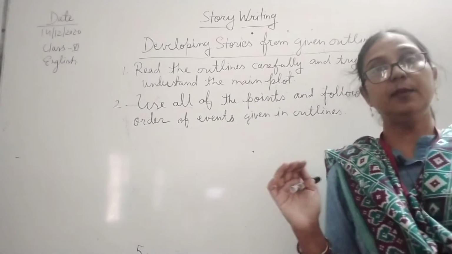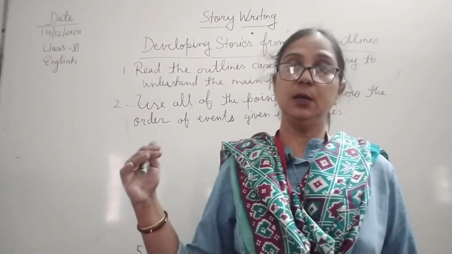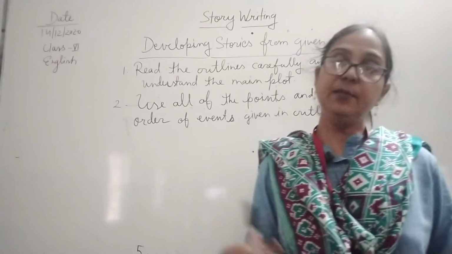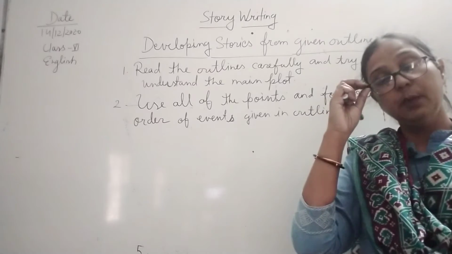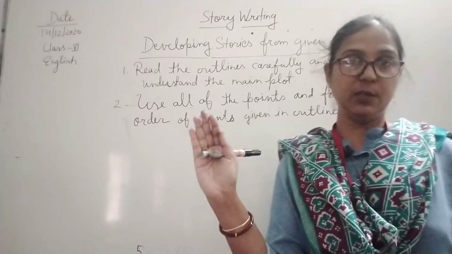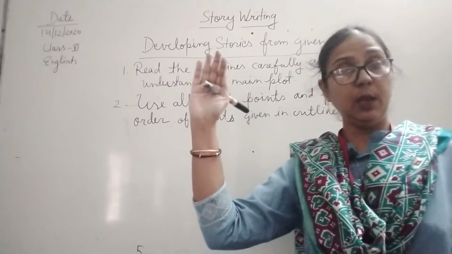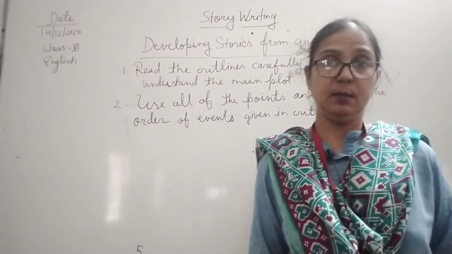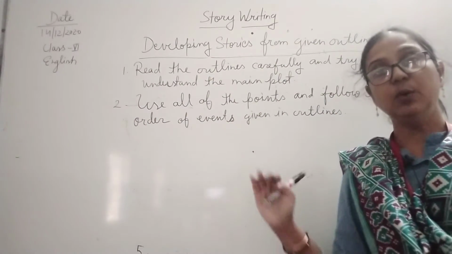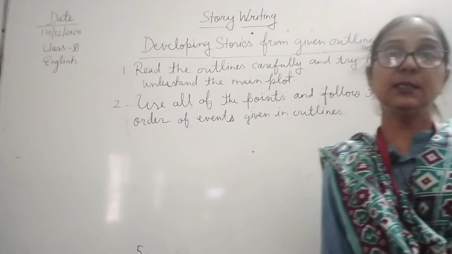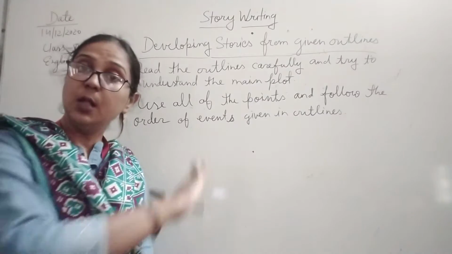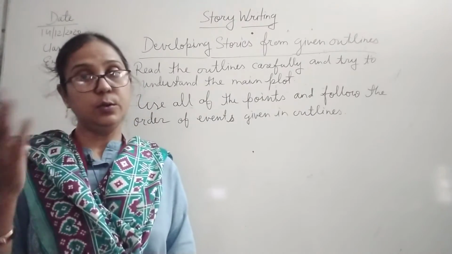Then the second line, if it is written, there was a witch who lived in the jungle. So it means you have to imagine that there was a king who lived in a castle. You have to write something about the king, and after that you move to the second line. That is the only outline; you have to create the story yourself.